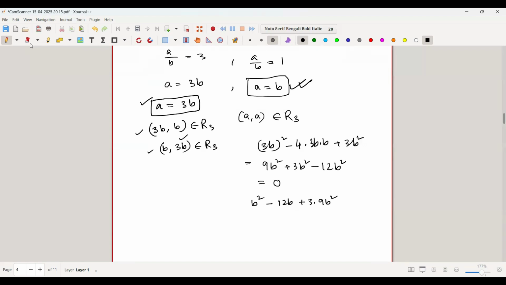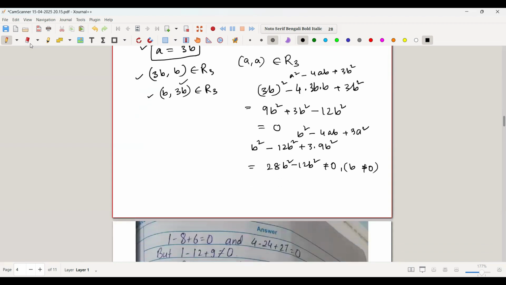This is B square minus 4AB plus 3A square, with A equal to 3B. So this is 28B square minus 12B square, which is not equal to 0 because B is not equal to 0. If B equal to 0, then this element is (0, 0). That is obvious.